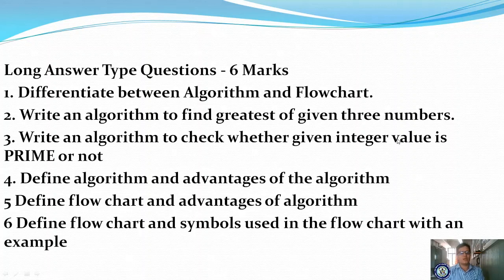Define algorithm and advantages of algorithm. Define flowcharts and advantages of flowcharts. Define flowcharts and the symbols used in flowcharts with an example. Likewise, there may be a chance for 6 marks questions.